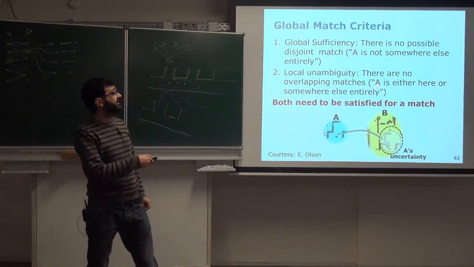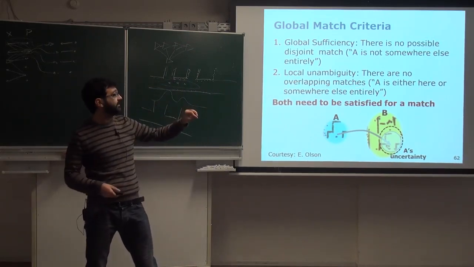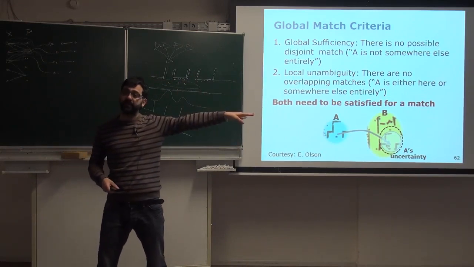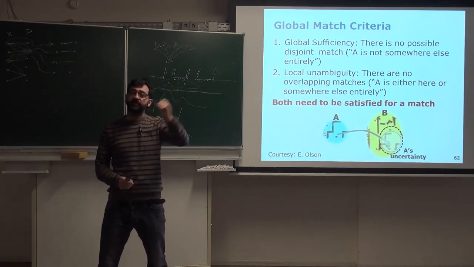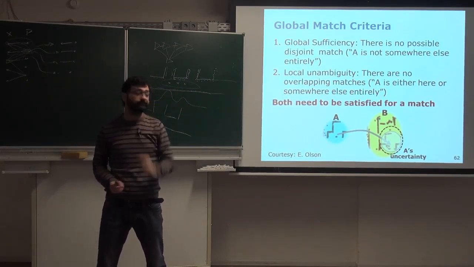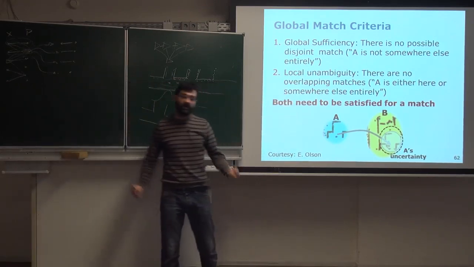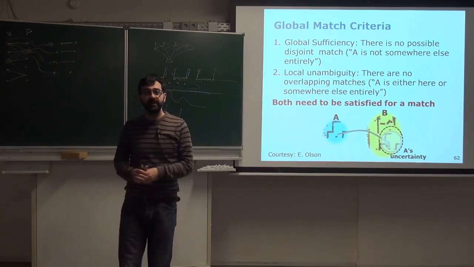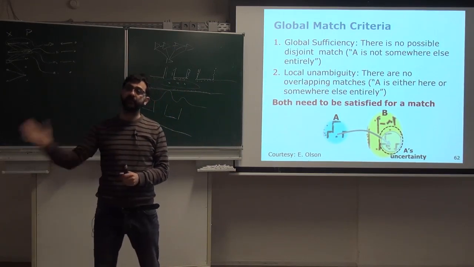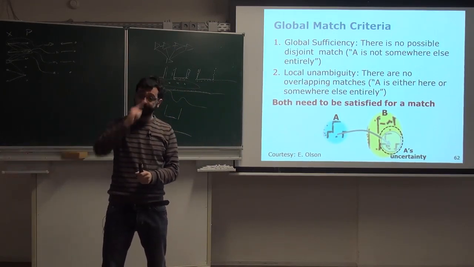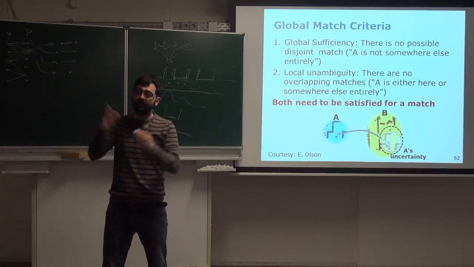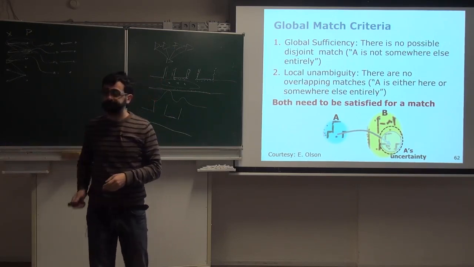So either A is there or completely somewhere else. Okay, so it cannot be that I have possible local matches. If both are satisfied, then we can say this is a good match, I'm happy with that, I keep it. And I put it into my graph structure to be then optimized by the backend.